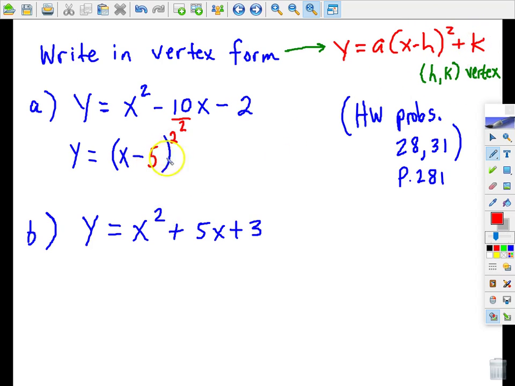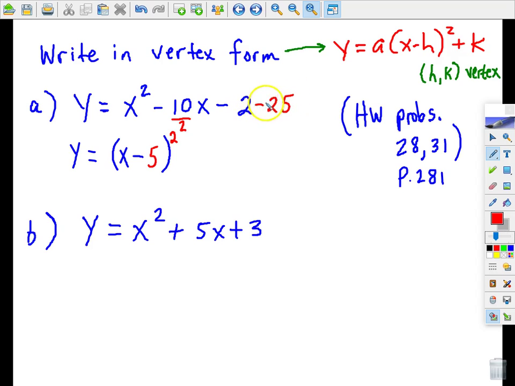Now let's take a look at how we come up with this k number. Whatever you came up with for h, it really doesn't matter if you think of it as -5 or +5, because either way, you're going to square that number, and the result of squaring either of those numbers is 25. I want you to go up to your standard form and tack that 25 on to the end using subtraction.